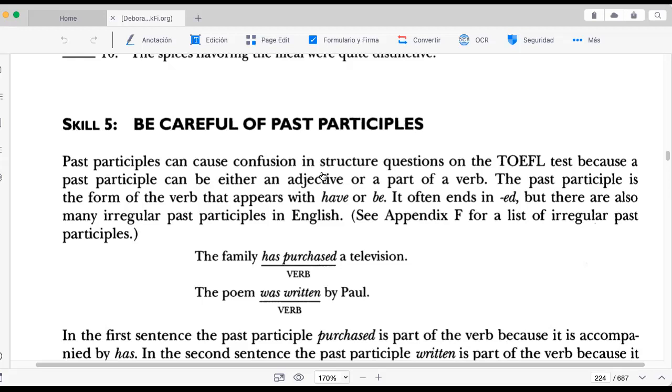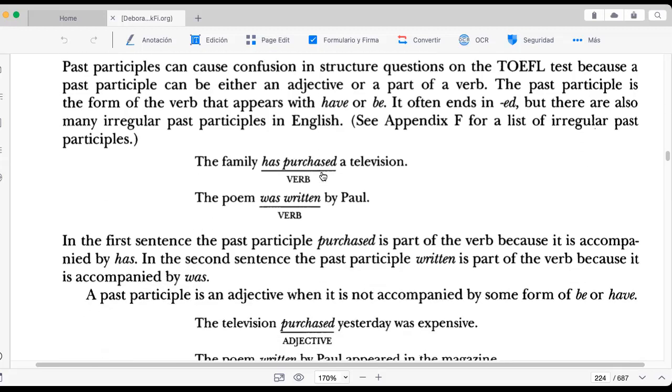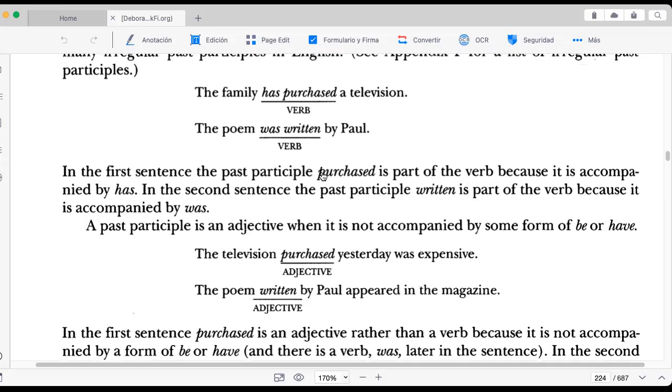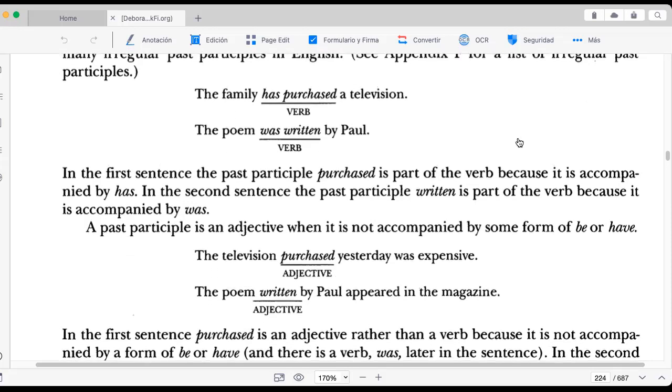Okay? Example: the family has purchased a television. The poem was written by Paul. In the first sentence, the past participle purchased is part of the verb because it is accompanied by has.